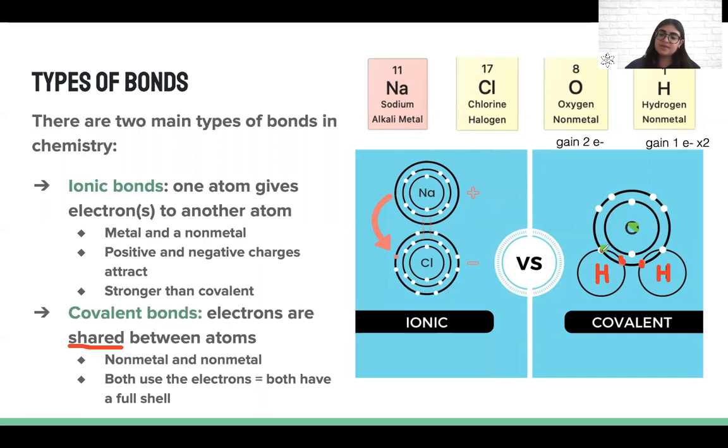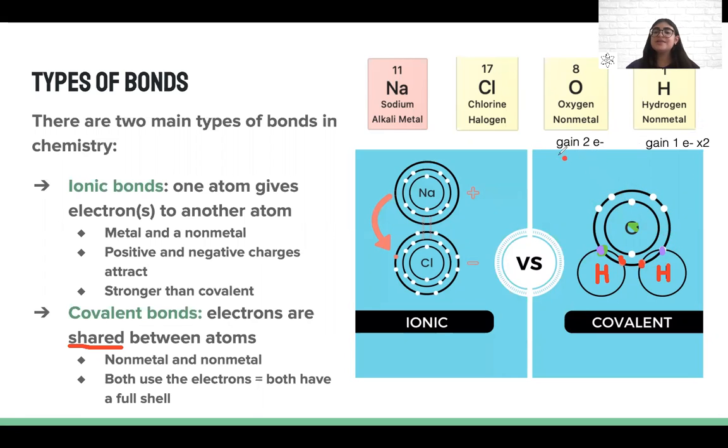This now purple electron, it's going to share it with this hydrogen, and this other purple electron is going to share it with this hydrogen. So now everybody's happy because the hydrogens have 2 electrons each, shared or not shared, it doesn't matter. All you need is 2 electrons each. And oxygen has 8 in its outer shell for a total of 10.